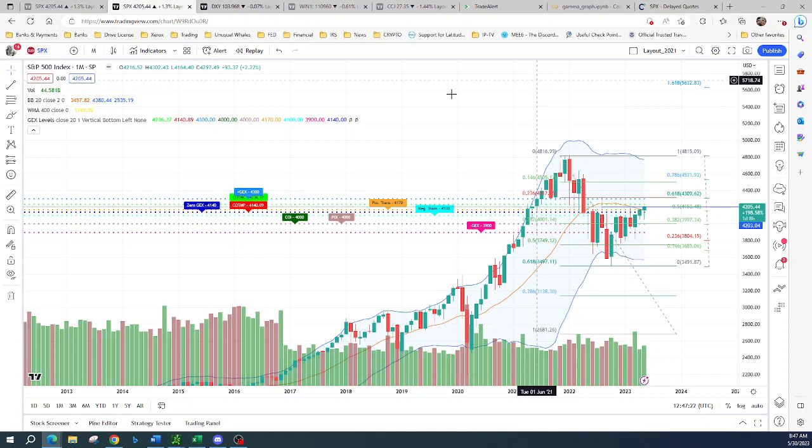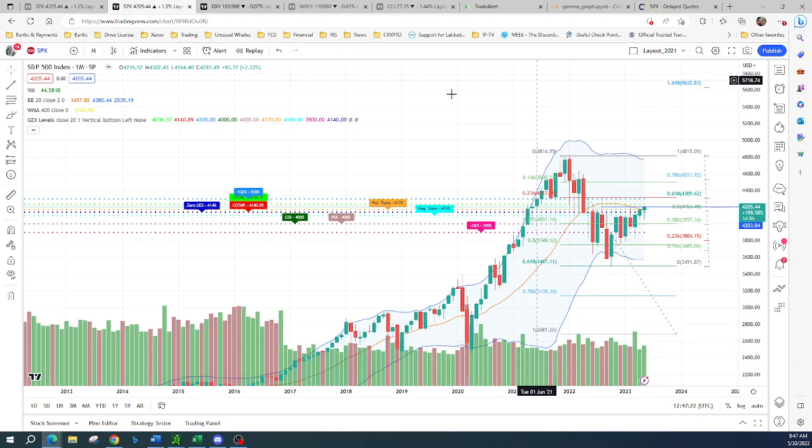Basically, if you put the 100% at 4,118 and the downtrend zero at 3,400, you will realize the 61.8% matches with my downtrend projection.